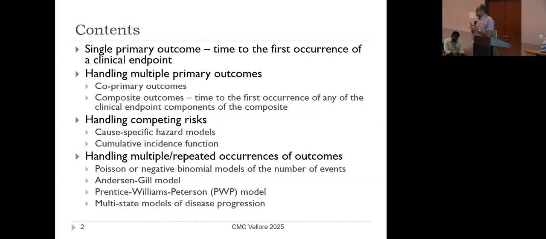So what we've had so far in the morning is the simple survival analysis, time to an event. The first part of the clinical trial is also simple, time to the first occurrence of your clinical endpoint. Plus, that's it. But most people are not satisfied with just one outcome. They want to look at a bunch of other things.